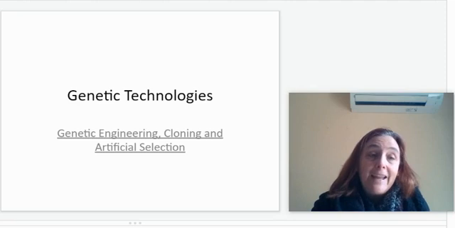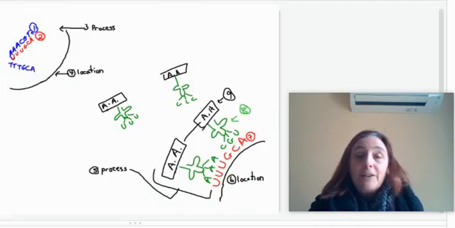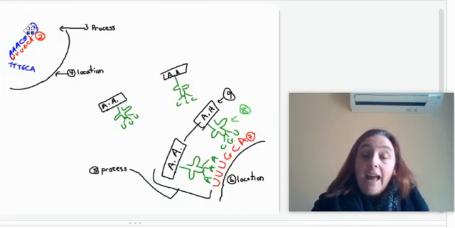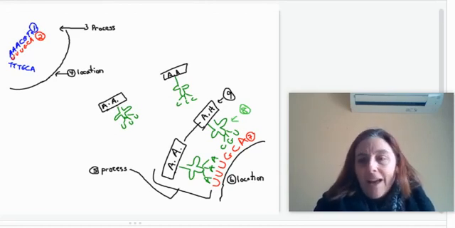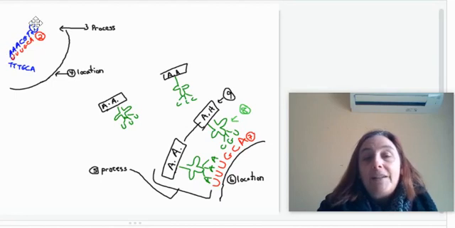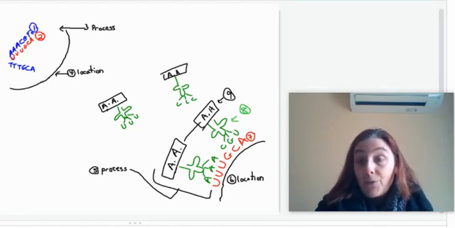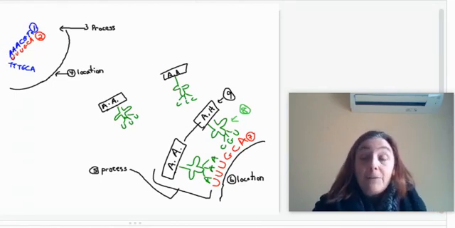So we can take a particular sequence of DNA and insert it from one organism to another. So in other words, let's say we have a cow. We could cut out the DNA of the cow for its insulin and replace it with a gene from a human with insulin.